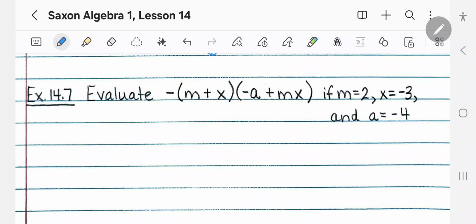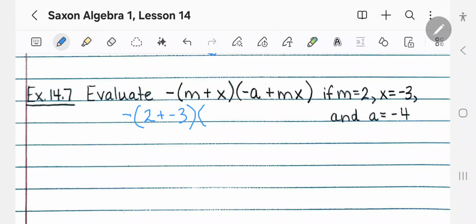For 14.7, I'm going to do the same thing. I'm going to copy in my values of the variable. So I have this negative, or opposite, on the outside, and then I have a 2, and then plus x, which is plus a negative 3. I could have put those in parentheses. I just left them out then, but it would be totally fine to put them in parentheses.